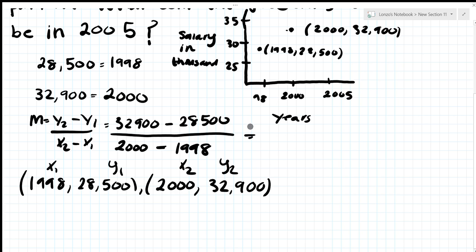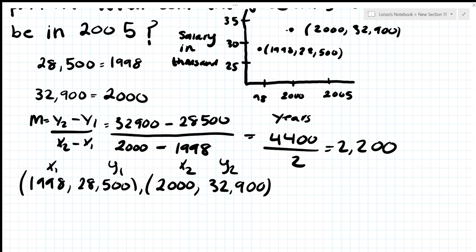So the numerator is going to be 4,400, because if you subtract that, that'd be 4,400. And then the denominator is going to be 2, because 2000 minus 1998 is 2. And that gives us 2,200. So that's our slope. That's a really steep slope, right?